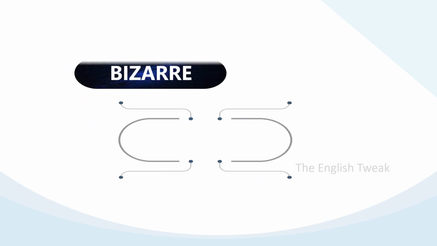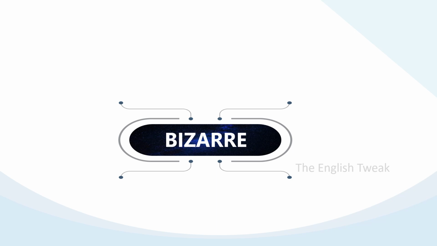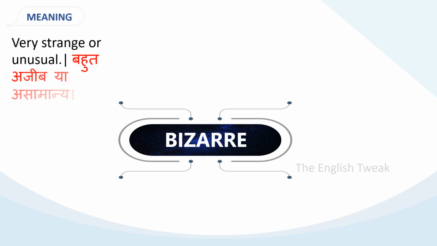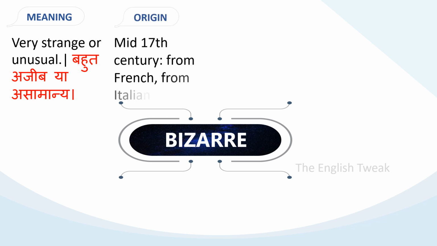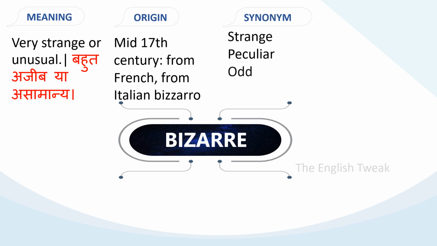Number 2 on the list of these word powers, we have bizarre, and the meaning of this word is very strange or unusual. In Hindi it could be translated as बहुत अजीब या असामान्य. The origin of it comes from the 17th century, from French or from Italian bizzarro, and the synonyms are strange, peculiar and odd.